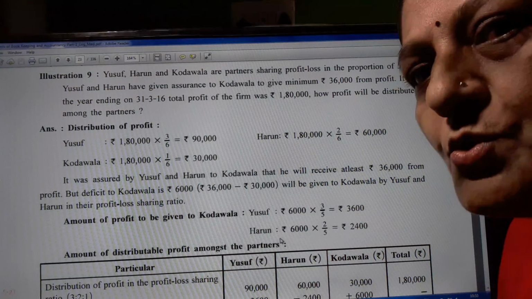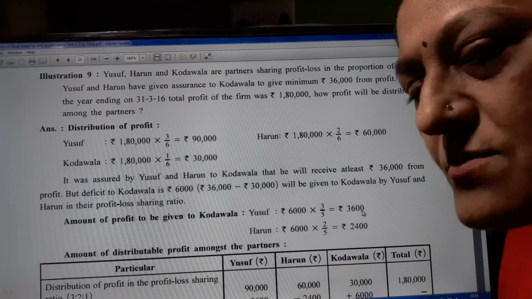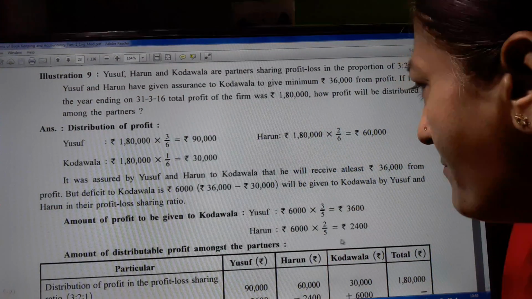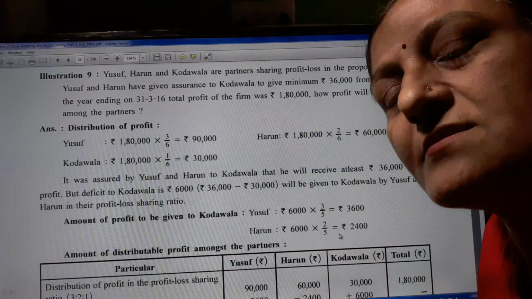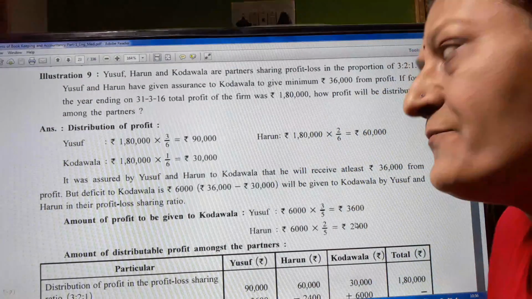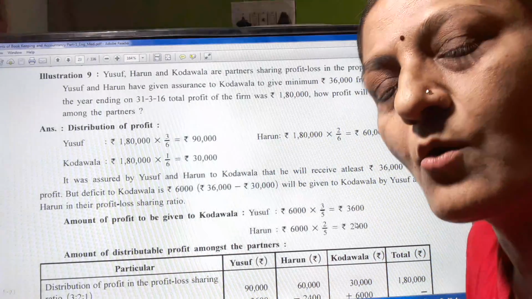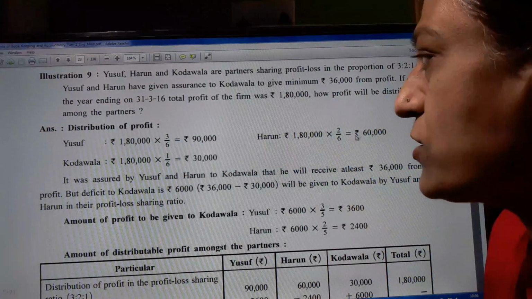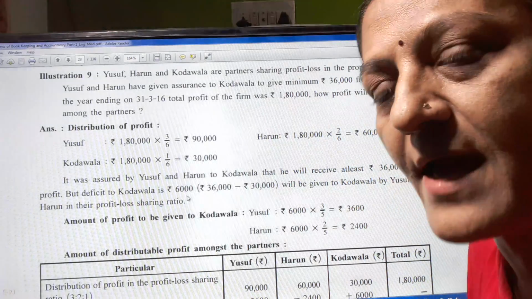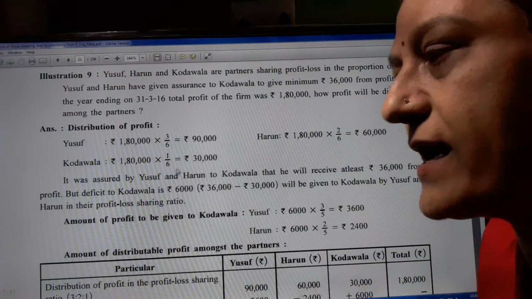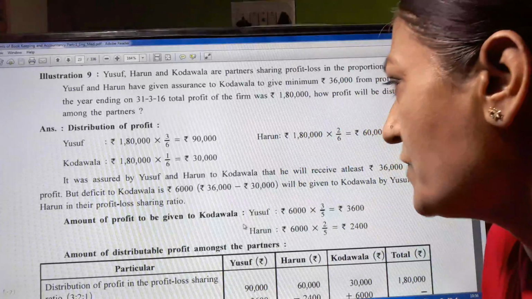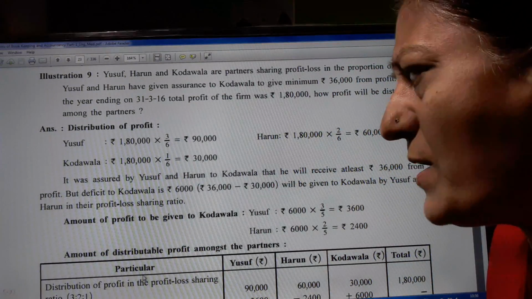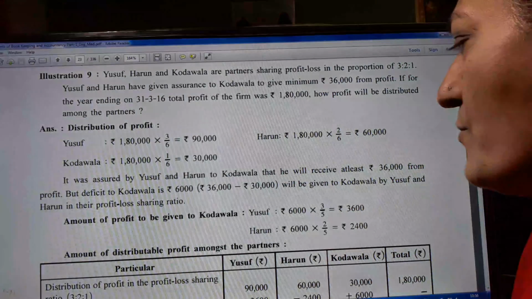So 6,000 into 3 by 5 is equal to 3,600, and Harun is equal to 6,000 into 2 by 5, means 2,400. It means 3,600 rupees Yusuf paid to Kodawala, and Harun paid 2,400 to Kodawala, because of the 6,000 deficit amount, since they gave the assurance of a minimum amount of 36,000 from profit.